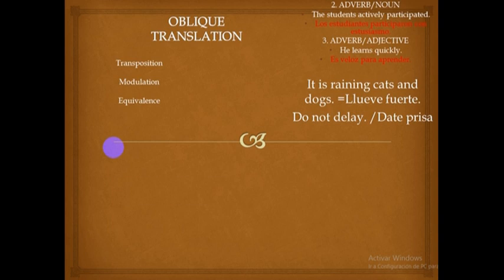For example, we have 2 idioms right here: kill 2 birds with 1 stone. The correct translation of this idiom is matar 2 pájaros de un solo tiro, and the last sentence, by hook or by crook, is por las buenas o por las malas. Okay, you can see that you translate the idiom.